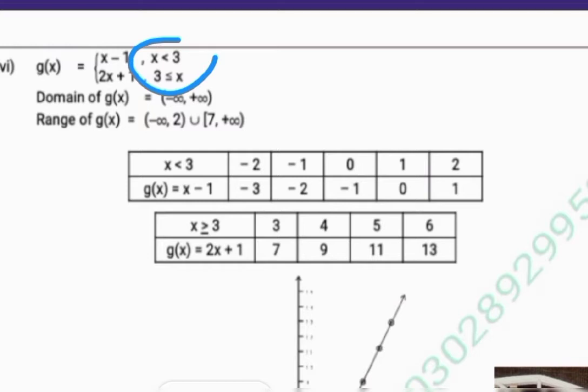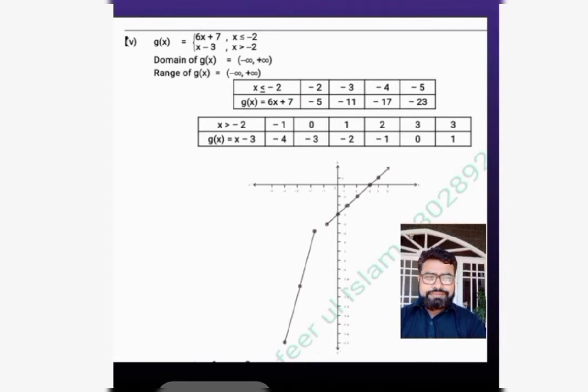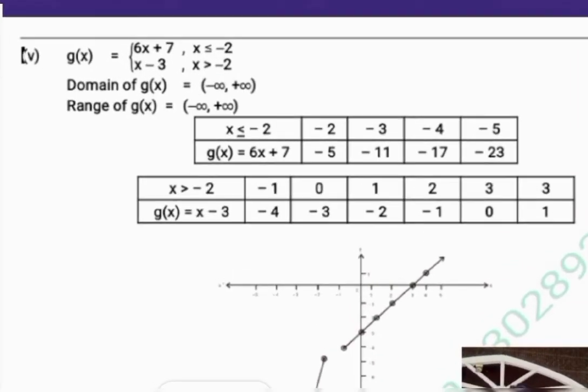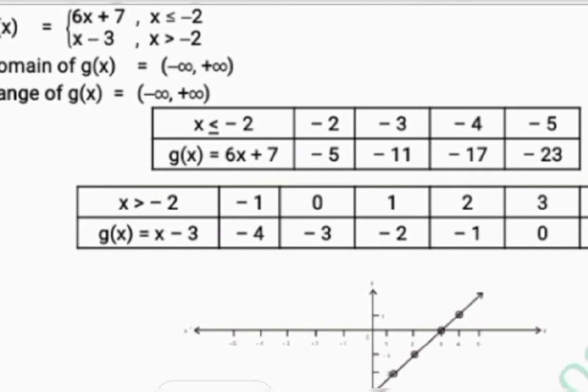As I have not explained the domain, I have plotted the graph of the last part. I have to tell you the domain and the range of this question. As this is a piecewise function, we have to plot the graph first, and after this we will find the domain and range.